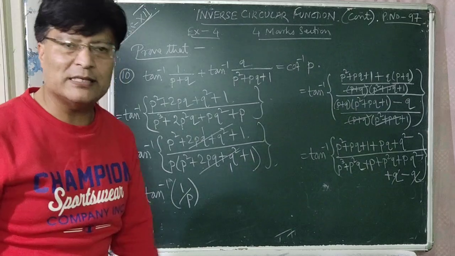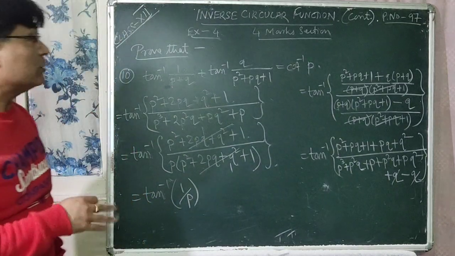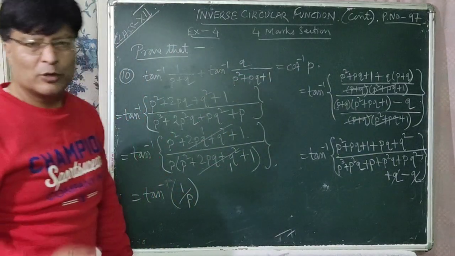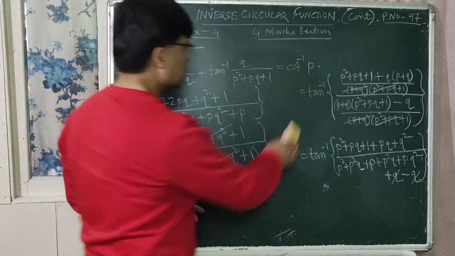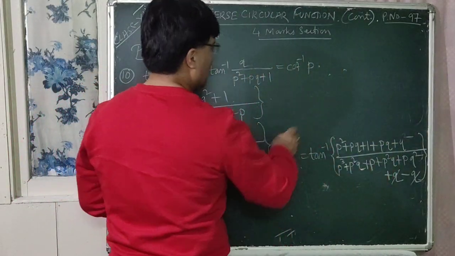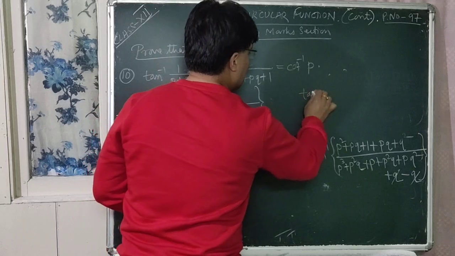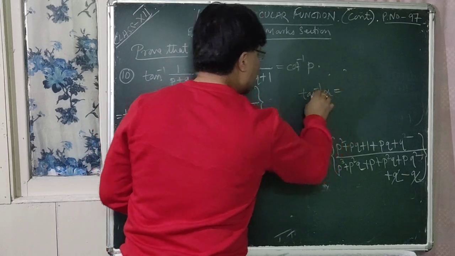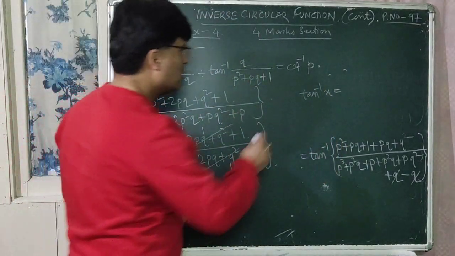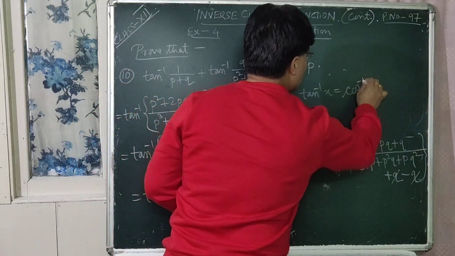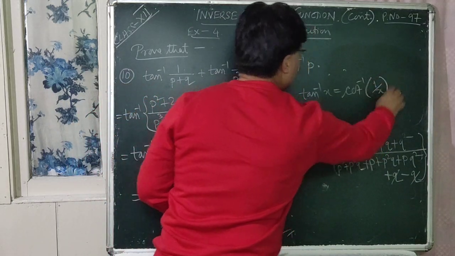So this is tan inverse 1 upon P. But you should convert into cot inverse P. You know this formula, isn't it? If you have tan inverse x, what is it in terms of cot inverse? It is cot inverse, upside down, that is 1 upon x.